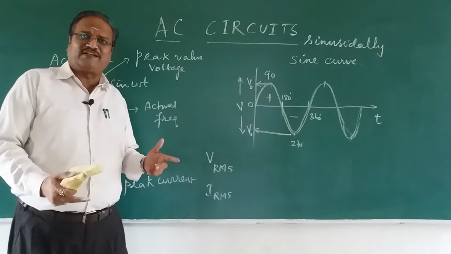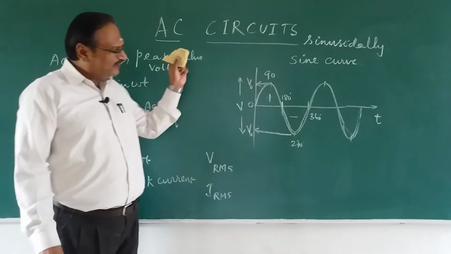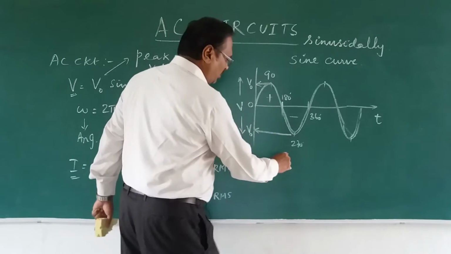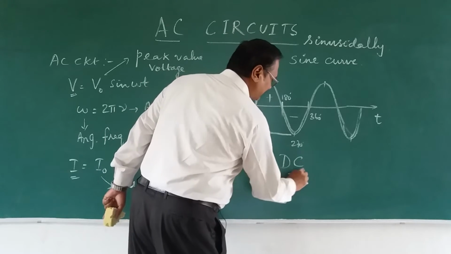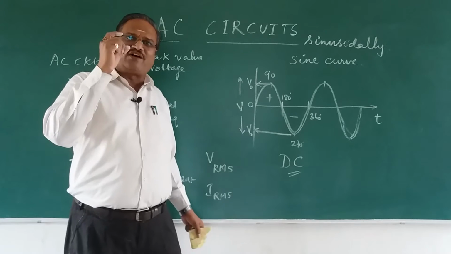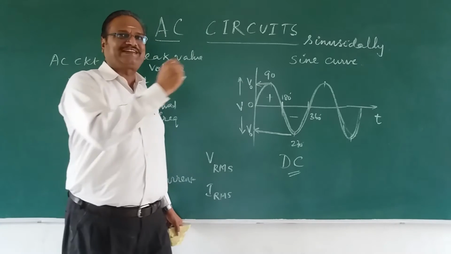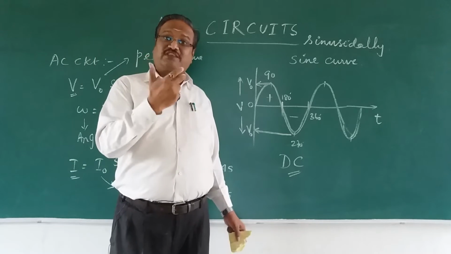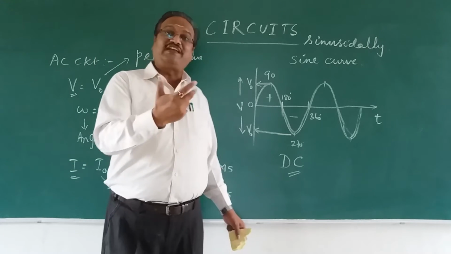What is the RMS value all about? Before alternating current, we also studied Ohm's law and something called direct current, DC. What is a DC? A cell offers you direct current. That is the current which is not going to vary with the time. That is a steady current.